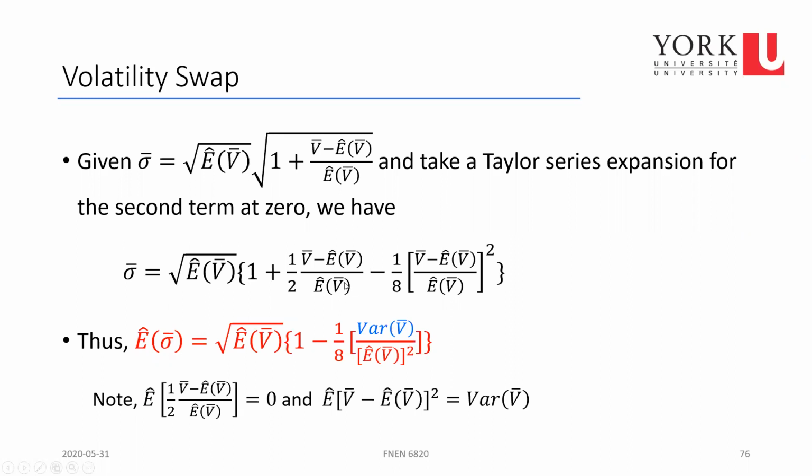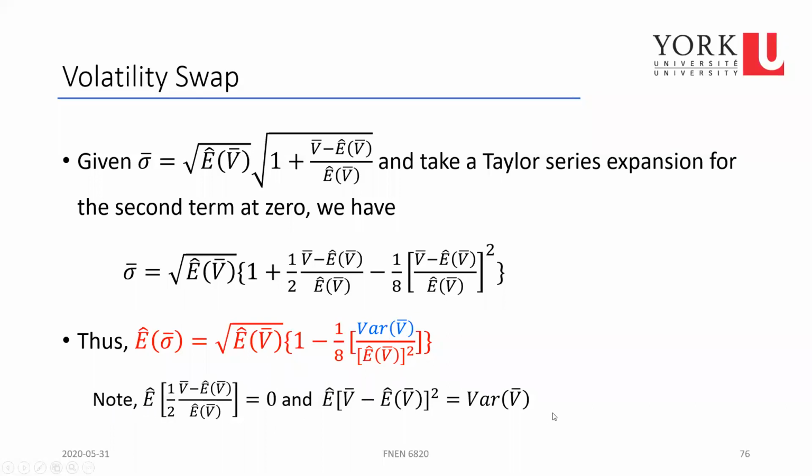And this part will become 0, because expected this minus expected this will be 0. So this will drop out. Then you come over here, you'll see this becomes the variance of the variance and the expected variance squared. So we actually have a variance of the variance.